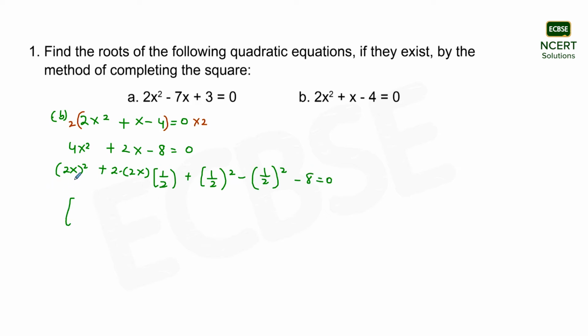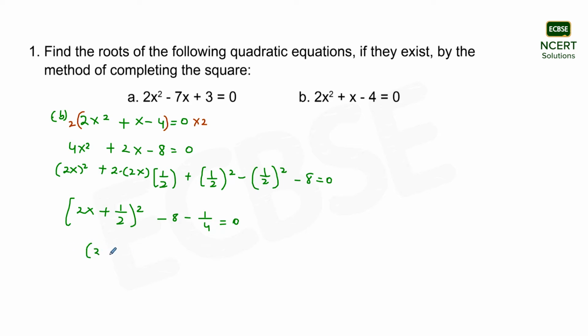So now apply the identity over the first three terms. They look similar to a square plus b square plus 2ab, where a is 2x and b is 1 by 2. So this is a whole square, minus 8 minus 1 by 4 is equal to 0. Right?